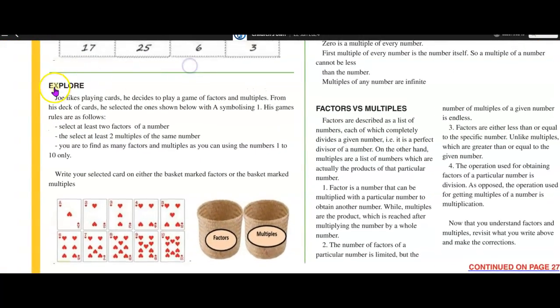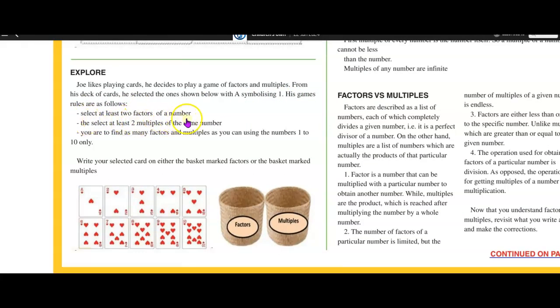So it says here, Joe likes playing cards. He decides to play a game of factors and multiples. From his deck of cards, he selected the ones shown below with A symbolizing 1. His game follows these rules. Select at least 2 factors of a number.